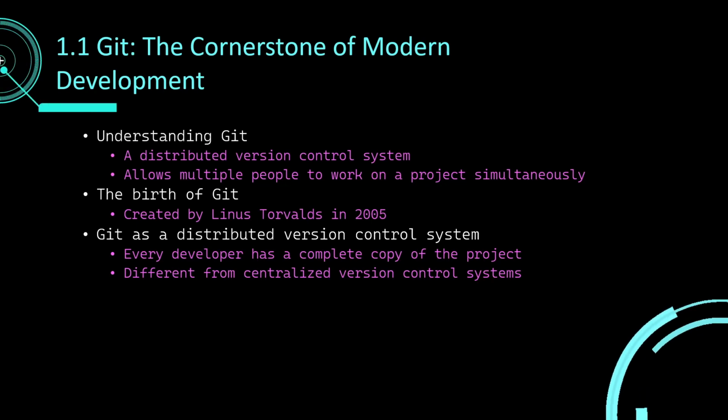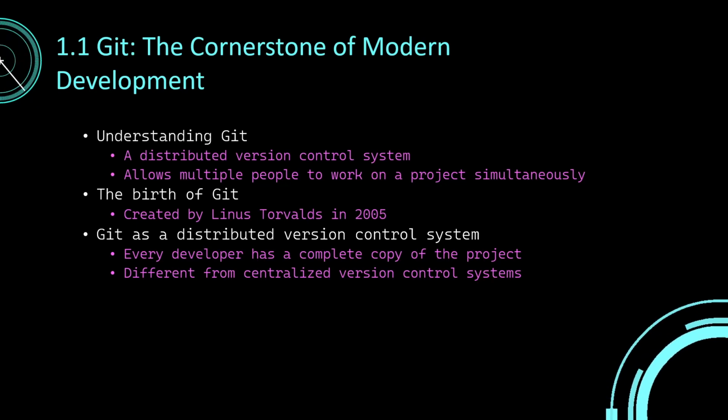And interestingly enough as well, I've added to the slide, Git was created in 2005 by Linus, the same genius that gave us Linux. His aim at that time was to build a version control system that was more efficient and more capable of managing projects than anything that was available at that time.